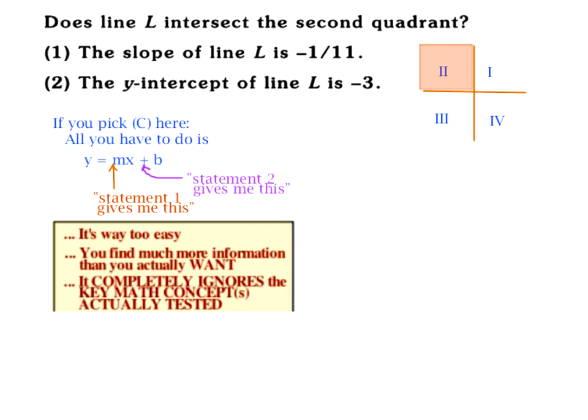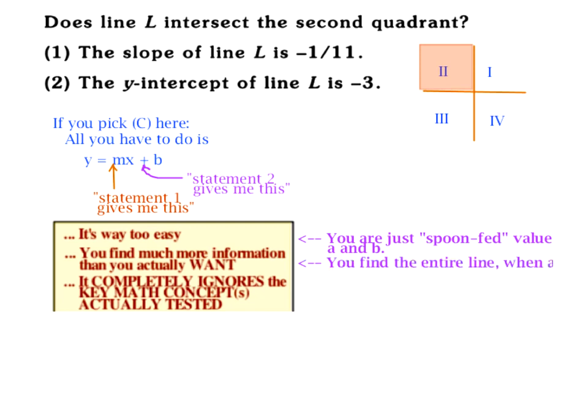I mean, you are just spoon-fed the values of M and B. So that's not going to be how it works. You find much more information than you actually want. Like notice you find the entire line when all you wanted was to know whether it hits a particular quadrant.